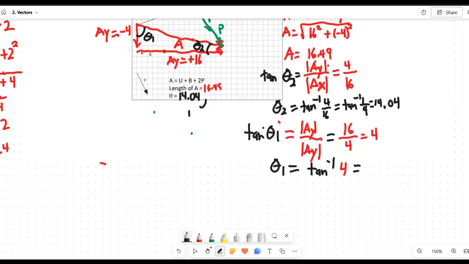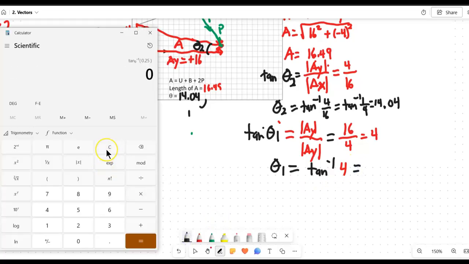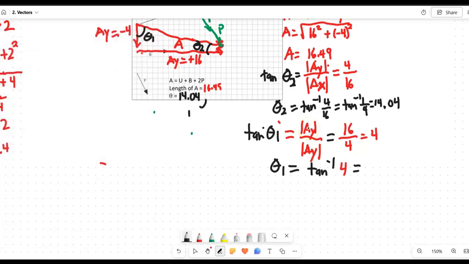I'm going to type in 4 and do the inverse tangent of that. 75.96. So the other possible answer is 75.96. You're supposed to do both. Okay?